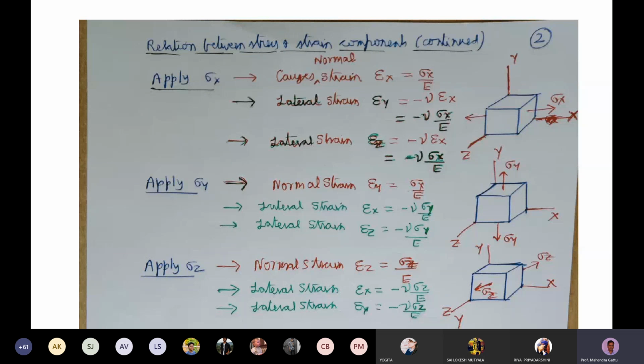That is the lateral strain, and we can get it from the Poisson's ratio. So the lateral strain in the y direction, epsilon y, is minus nu times epsilon x, and epsilon x is sigma x by E. So the lateral strain is minus nu sigma x by E. Similarly, the lateral strain in the z direction is minus nu epsilon x, which is minus nu sigma x by E. So this is under the application of load in the x direction.